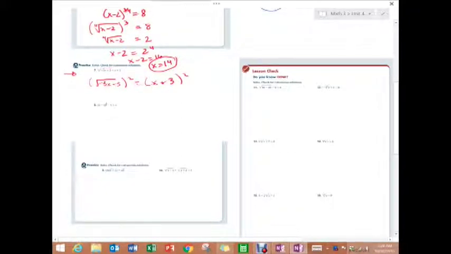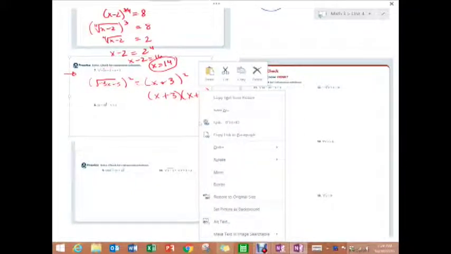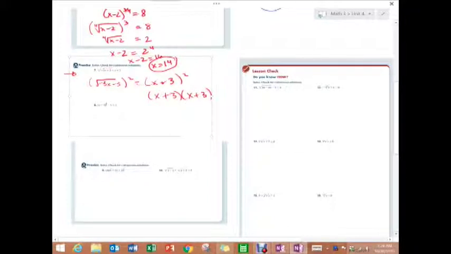I need to make sure that the students realize that this is not x squared plus 9. This is x plus 3 times x plus 3, and multiply that out. On this problem, I know I begin to get extraneous solutions that I need to double check back and see whether they work or not. And so anytime you're squaring both sides, that could happen.